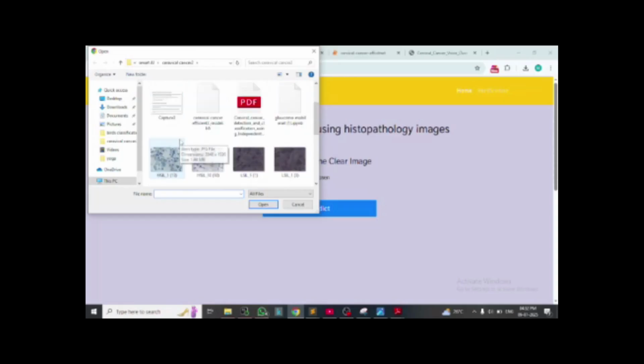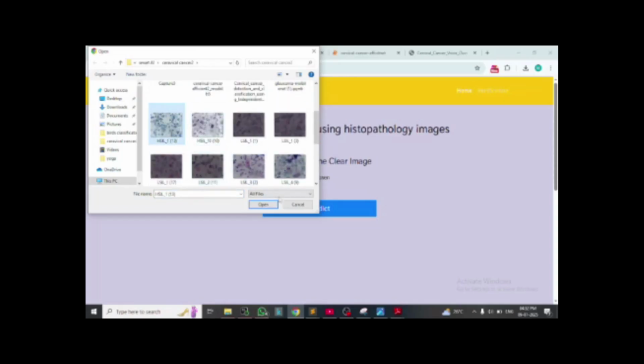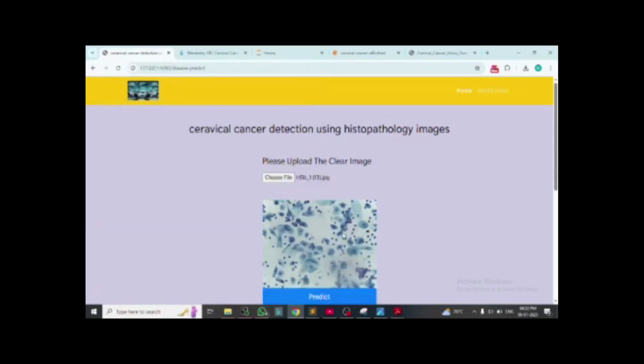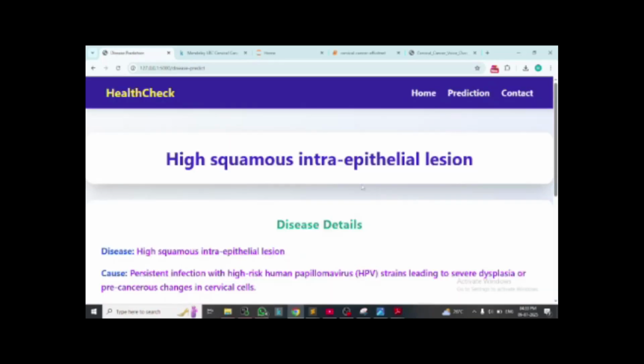See the images. First I will select this one. Okay. Now predict. It will predict the class of the cervical cancer disease. See the disease. I got the name of the disease in the class of cervical cancer: high squamous intraepithelial lesion.